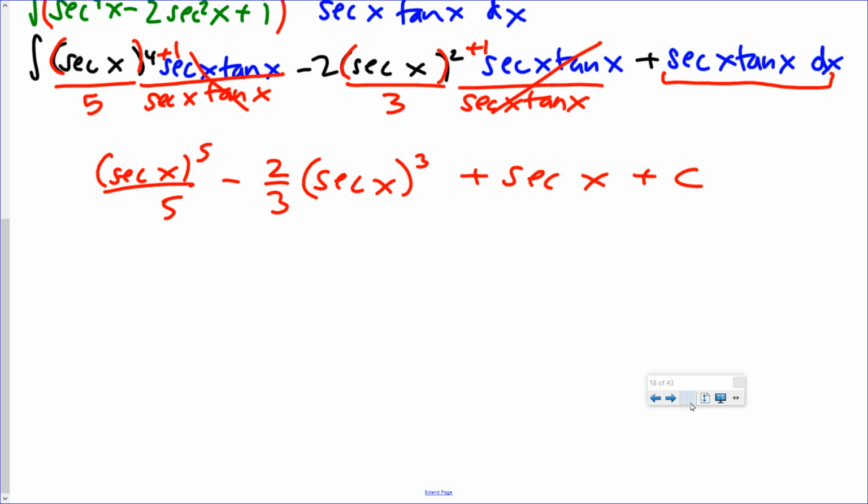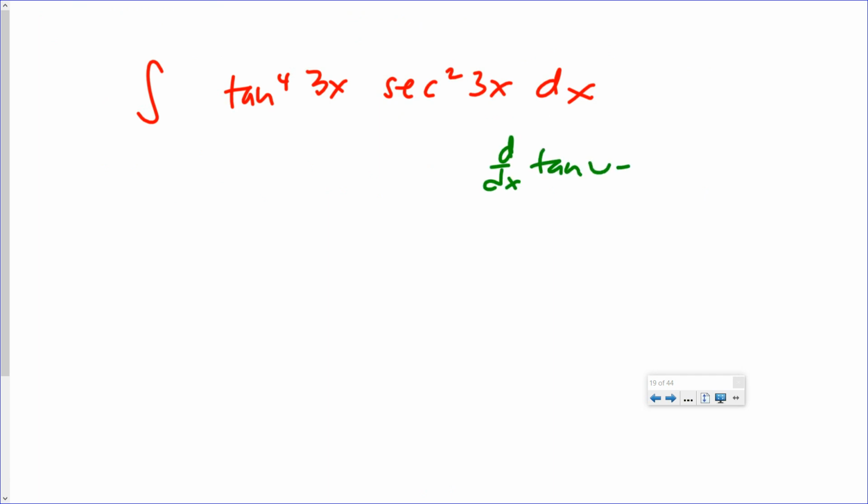Let's do your second one here. And your second one is the integral of tangent to the fourth of 3x times secant squared 3x dx. Okay, so remember we have two strategies. The derivative of tangent u is equal to secant squared u du dx, so we can save a secant squared and change everything to tangents.